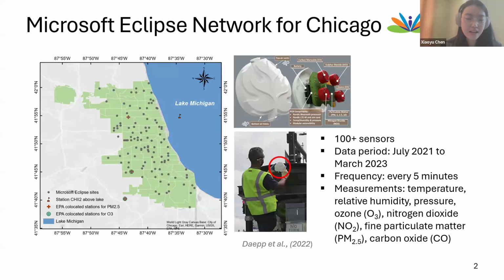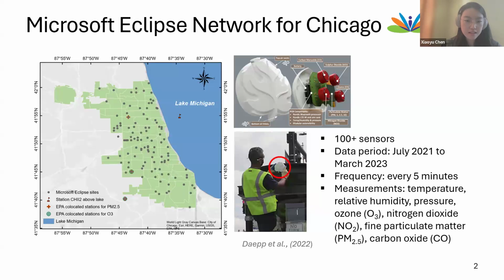It collected several parameters like the temperature, relative humidity, and some meteorological parameters, and some pollutants like PM 2.5, ozone, nitrogen dioxide, etc. And it has very high resolution, both temporal and spatial. It collects data every 5 minutes, and it has over one whole year of data.